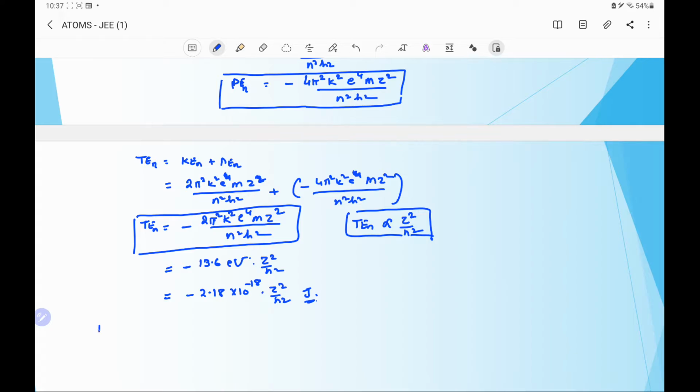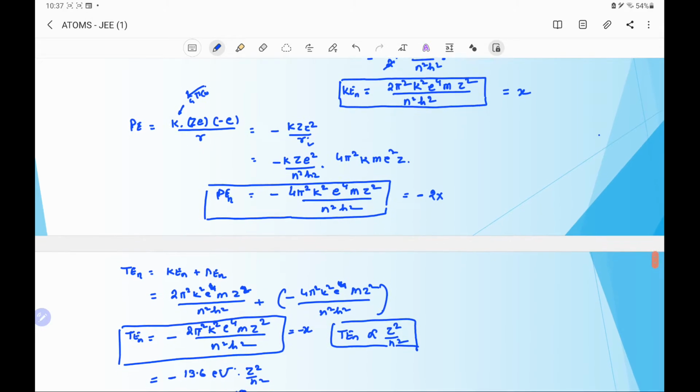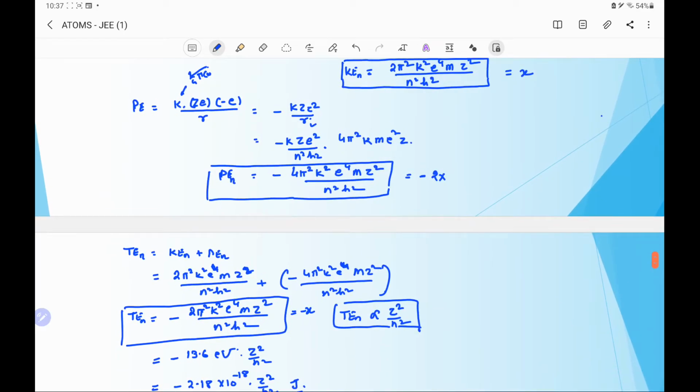Here we have to note that if we put this kinetic energy equal to x, then the potential energy will be equal to minus 2x and the total energy will be equal to minus x. So we can conclude that the magnitudes of the kinetic energy and the total energy are equal, but the signs are opposite.